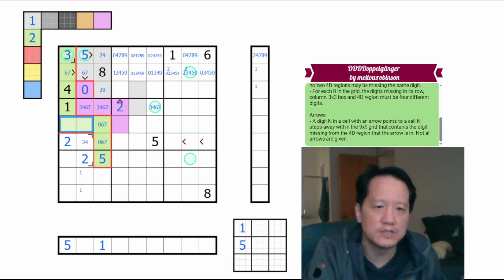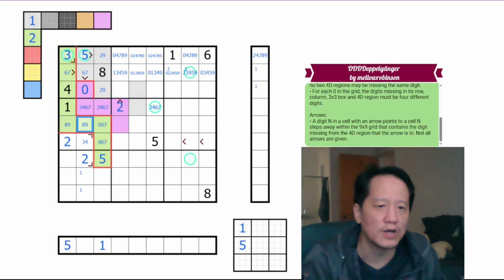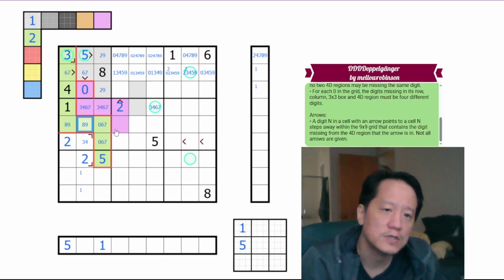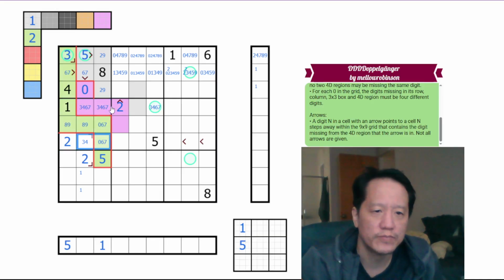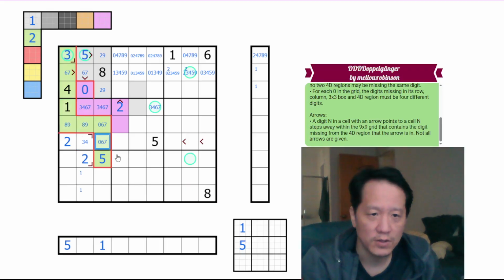So this is an 8-9 pair. Because we have to have 8 and 9 somewhere in box 1 or box 4. And they can only be in those 2 spots. Okay.